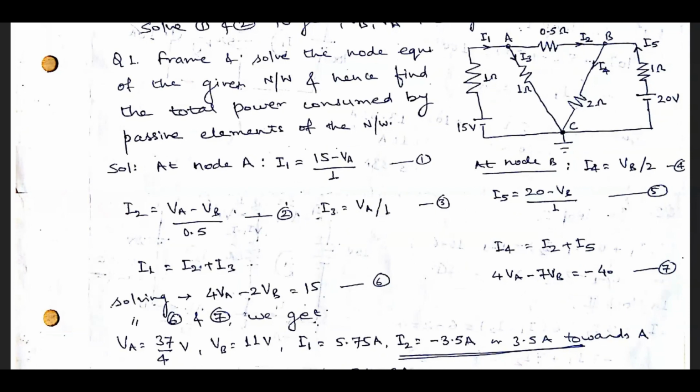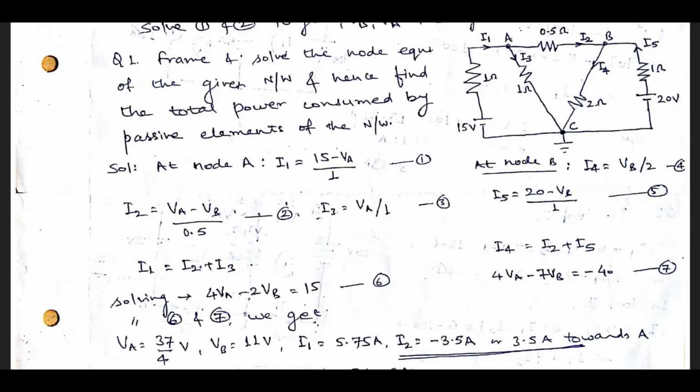So we have received these equations, and when the number of equations and the number of unknowns are the same, we can solve them to get the values of voltages and currents, or you can say the potentials available at node A and B, and the currents.